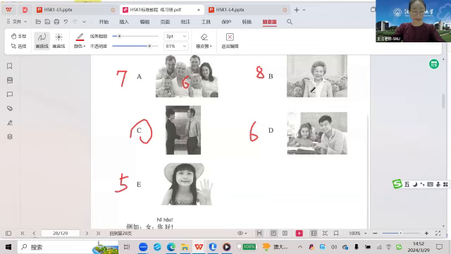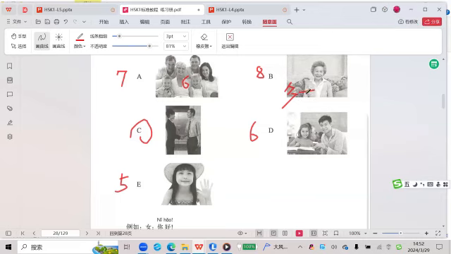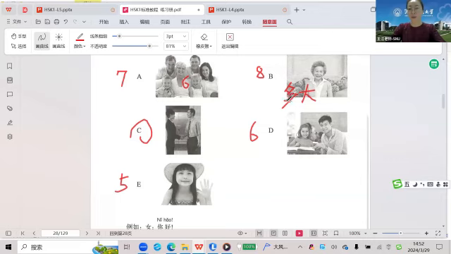Can you understand? Dialogue 8. Let me repeat. A. 您今年多大了？We heard 多大. What does 多大 mean? How old? Yes, how old? It's used to ask about people's age. How old are you this year?